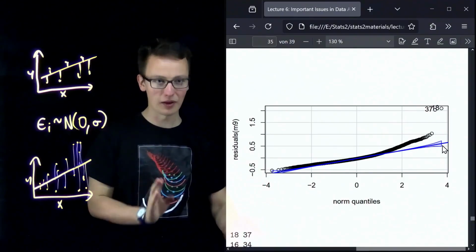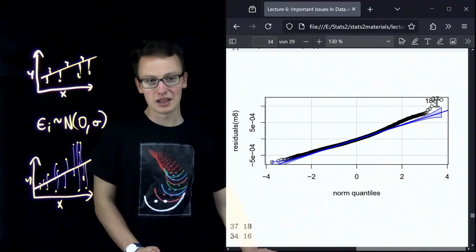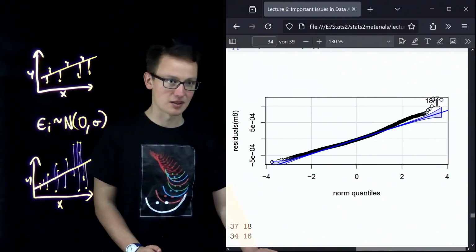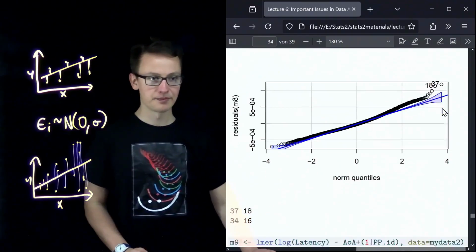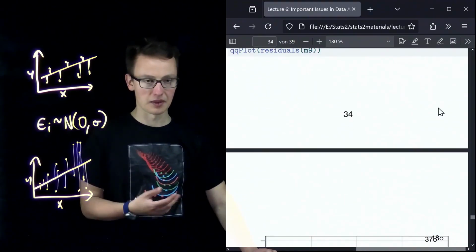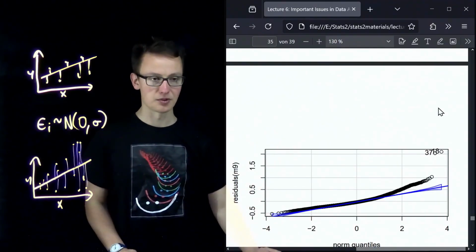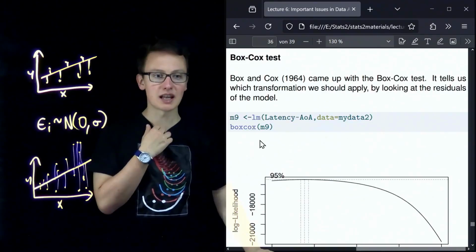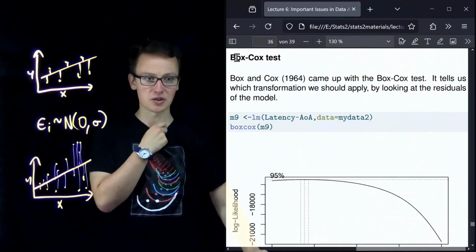So maybe even with the log transform, I might want to remove those two outliers. For the inverse transform, I can even keep them in the data. I don't necessarily have to remove them because they're not as dramatic anymore. So that's what these transformations can do to help you re-establish normality of residuals. There's another way to test for normality a bit more formally, which is the so-called Box-Cox test.